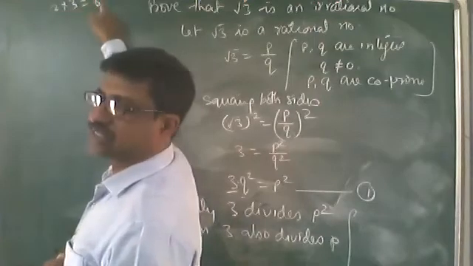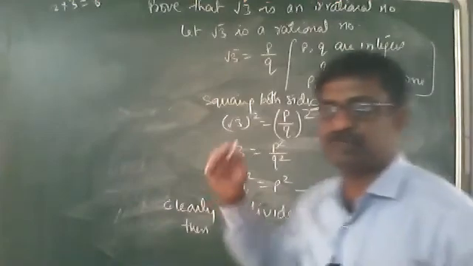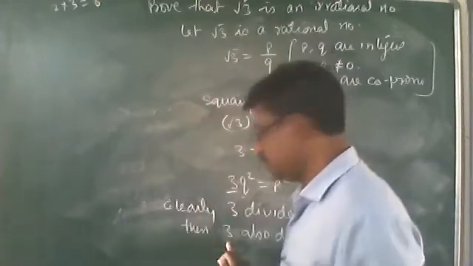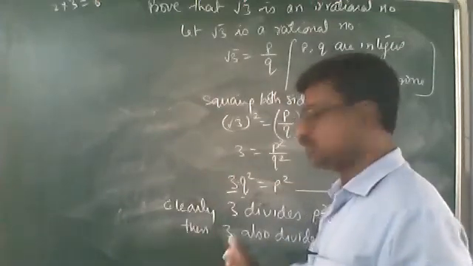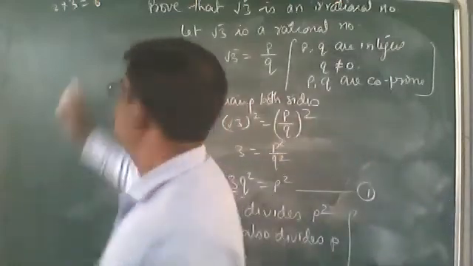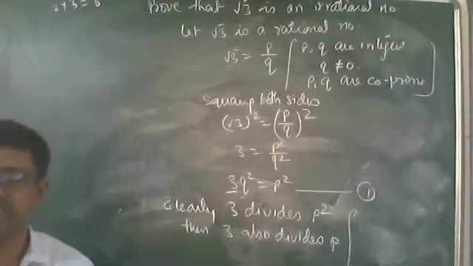In the same way, if 3 is dividing p, then p can be written as a multiple of 3. As we got 6 equal to 2 into 3, 3 divides 6, therefore 6 can be written as 2 into 3.